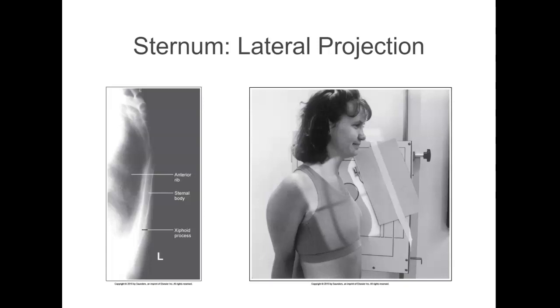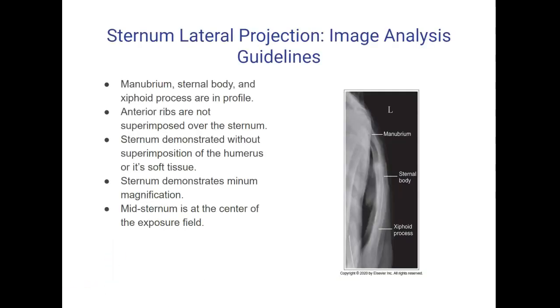The sternum should be demonstrated with minimum magnification, and the mid-sternum is at the center of the exposure field. The jugular notch, sternal body, and xiphoid process should all be included within the exposure field. The next slide provides the image analysis guidelines.